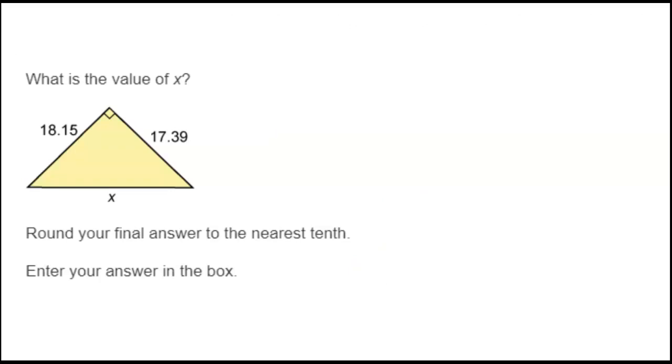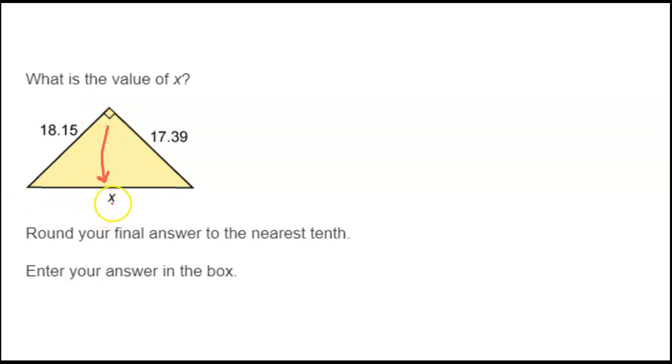All right, finally, you could have a question that looks like this. What is the value of x? Notice that this is a 90-degree angle, even though it does not visually look like it. And the hypotenuse is always across from the 90-degree angle. That's super important because, like I said, this doesn't look like a right triangle, but they tell us right here that it is.